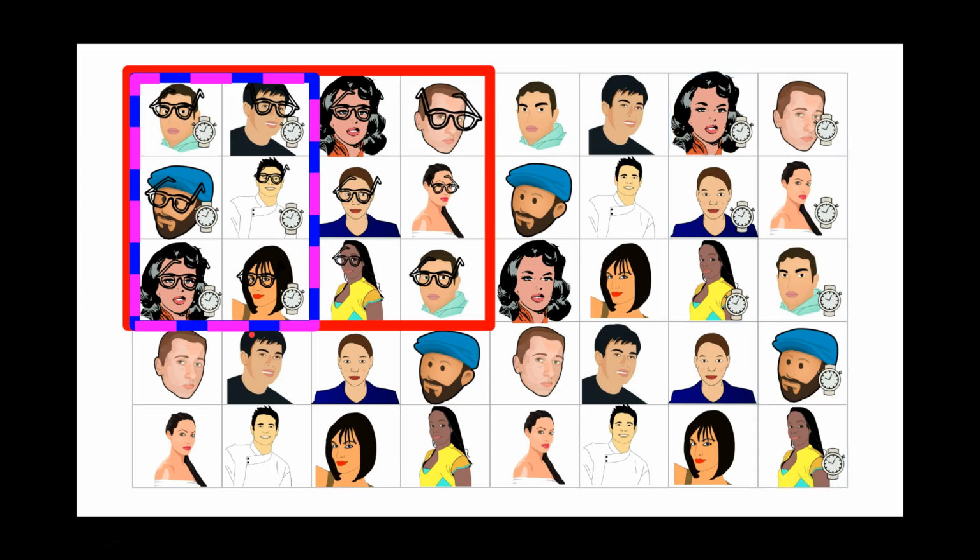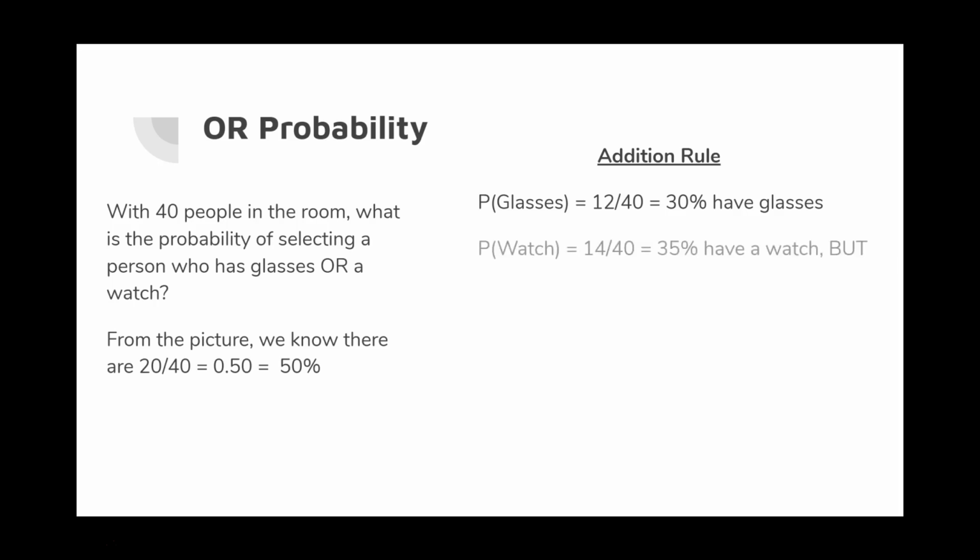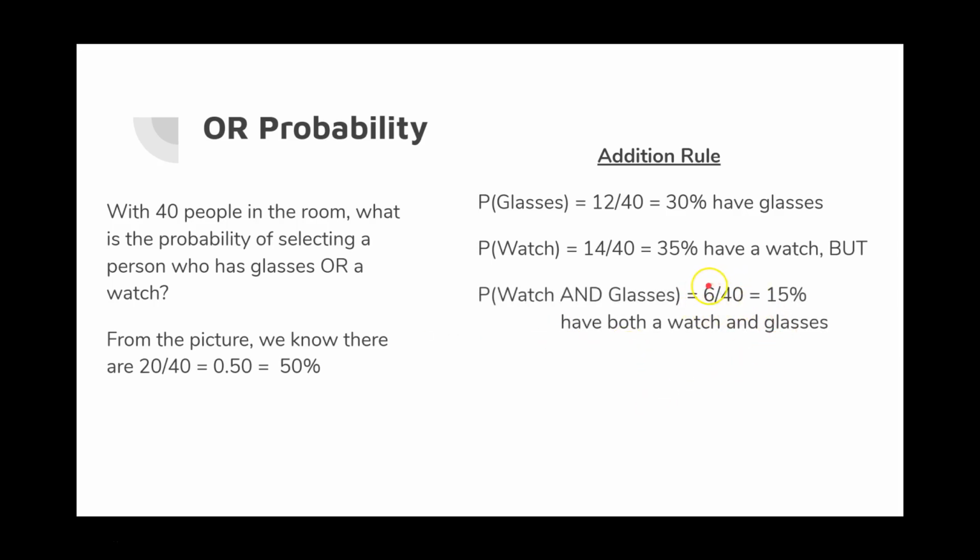And that's exactly what the addition rule is doing. So let's take a look at the addition rule. The percentage of people with glasses would be 12 out of 40, or 30%. The percentage of people with a watch is the 14 out of 40, or 35%. But remember, out of those two groups, there were 6 of them out of the 40 that were counted twice because they have both glasses and a watch.